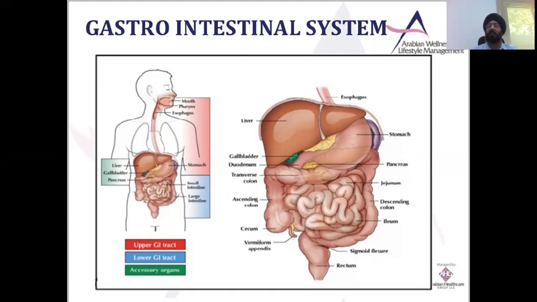It is responsible for converting the food into energy, absorbing the nutrients and minerals from the food. The GI tract consists of the oral cavity, which generally we speak of as the mouth, the pharynx, esophagus, stomach, small intestine, and the large intestine.